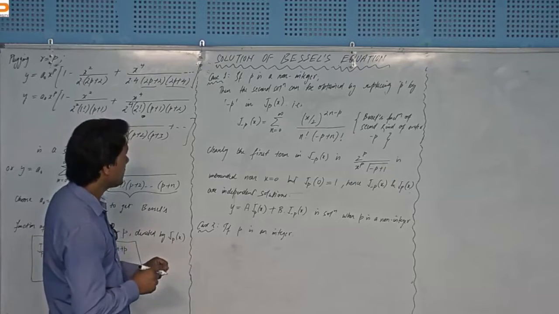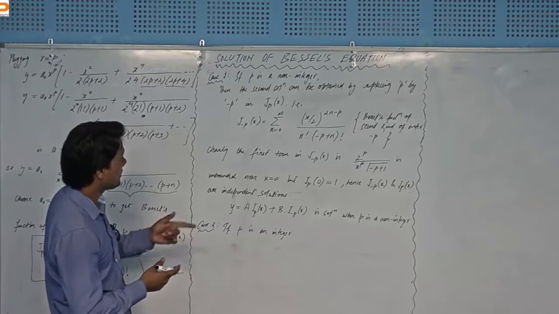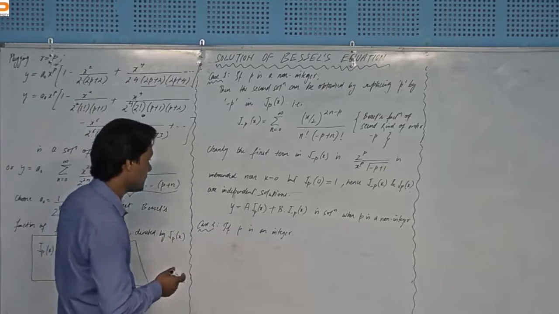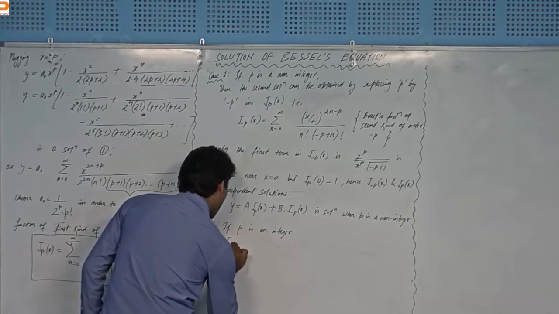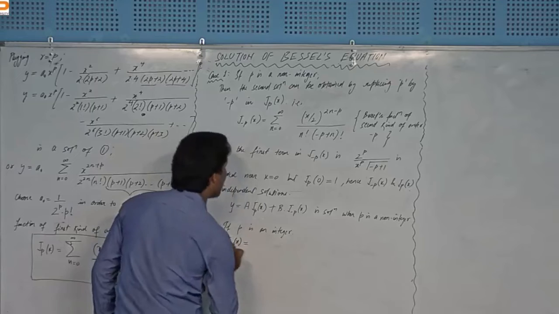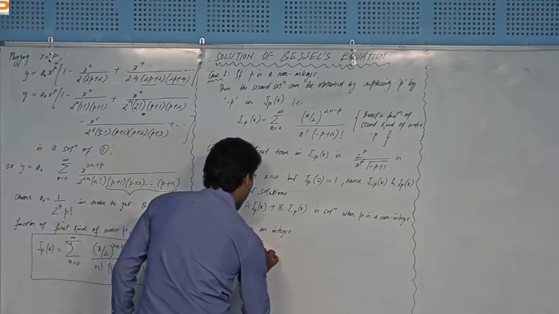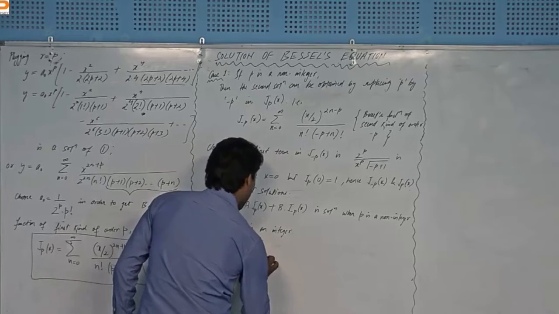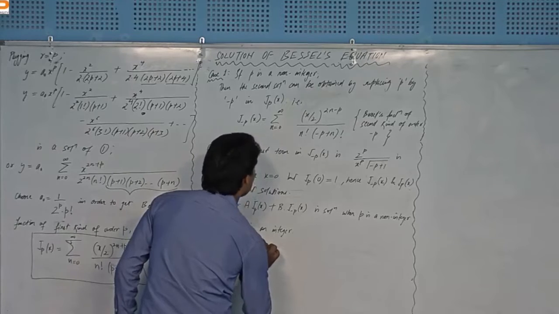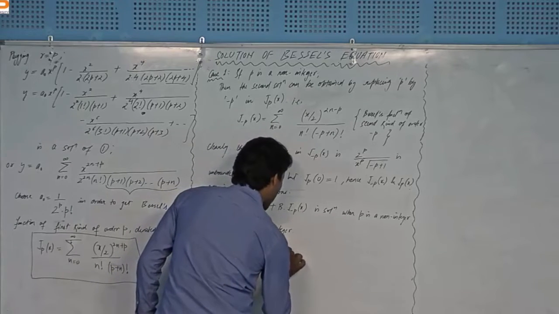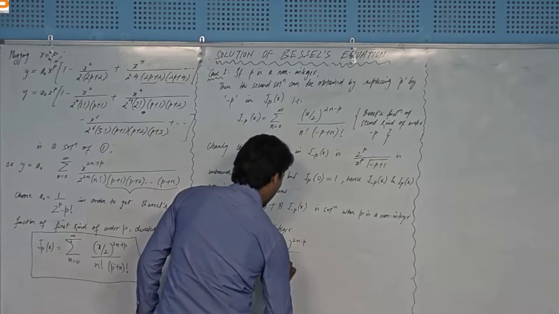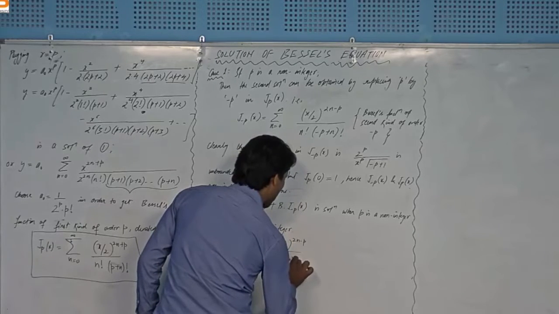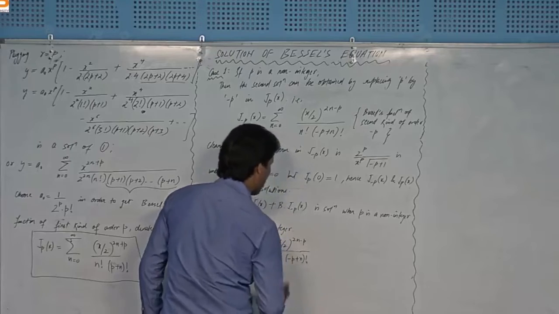So p is an integer, then if we write this J minus p x, then J minus p x will be equal to summation n equal to 0 to infinity of x by 2 to the power 2n minus p divided by n factorial times n minus p whole factorial, right?